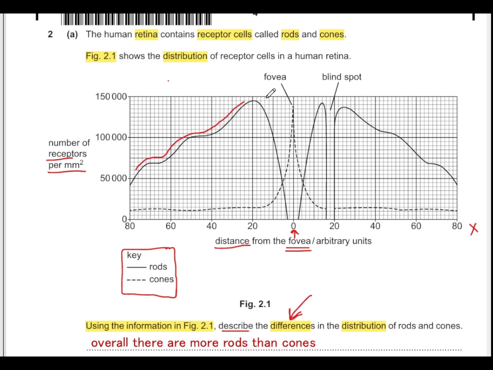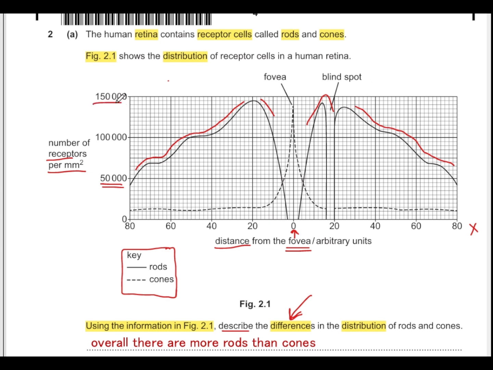This solid line is always much higher, right? It starts from around 50,000, and even on the other side of the fovea it's always higher, going as high as 150,000.